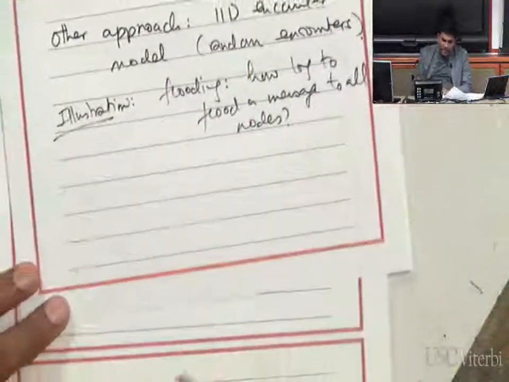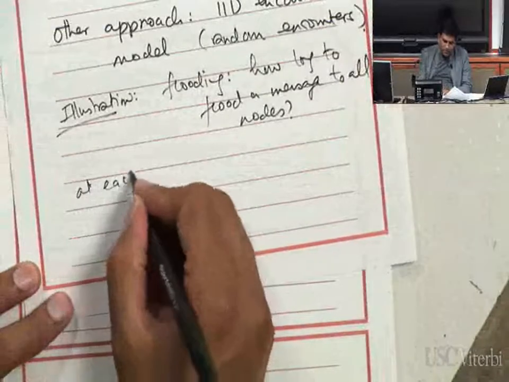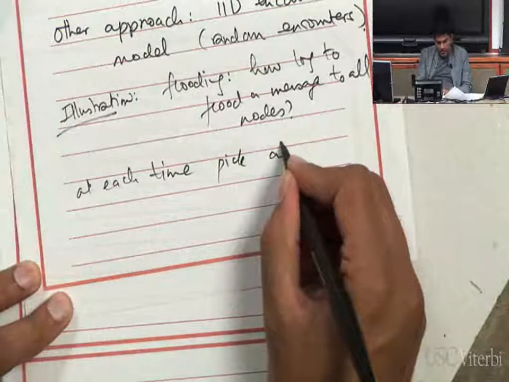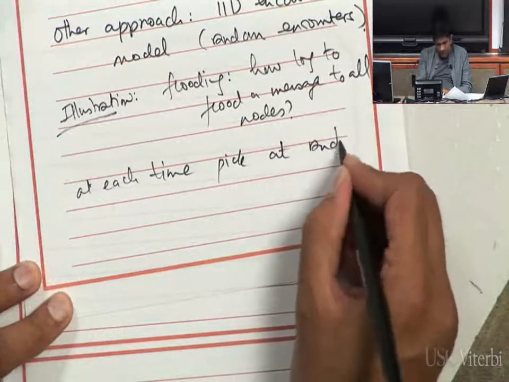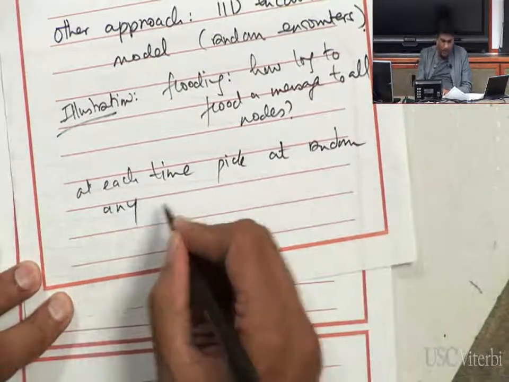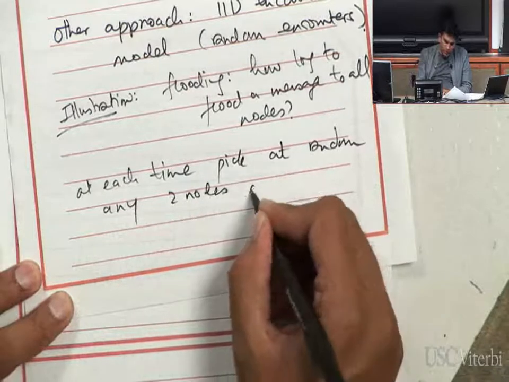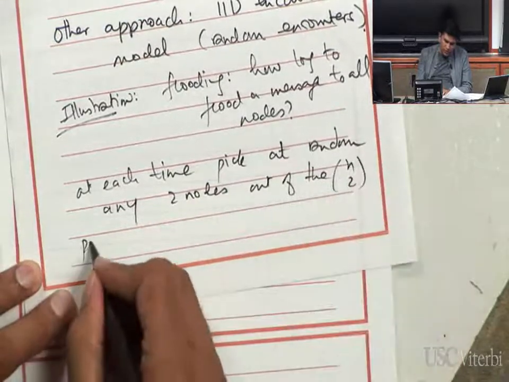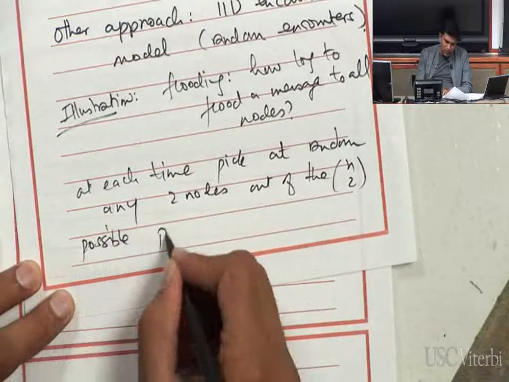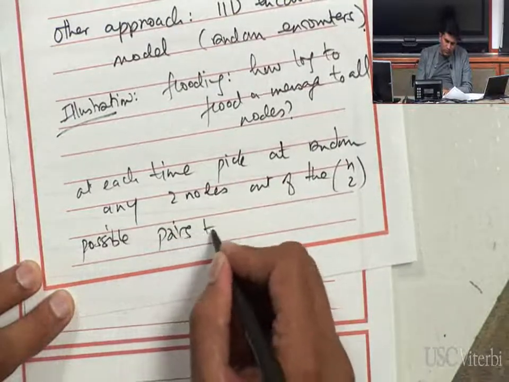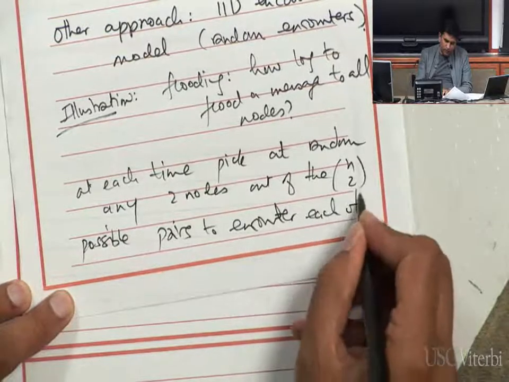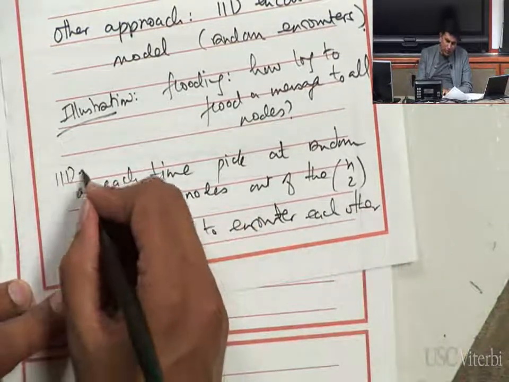In the IID encounter model, we say at each time, pick at random any 2 nodes out of the n choose 2 possible pairs to encounter each other. Okay, that's the IID model.